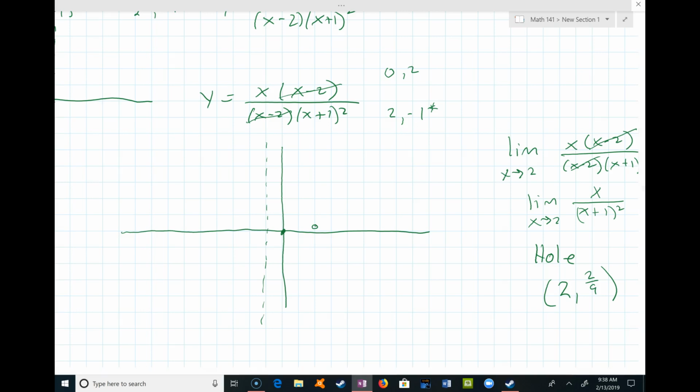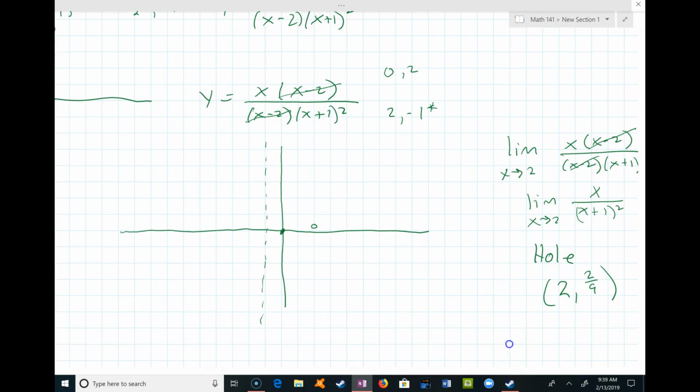So when I'm talking about end behavior, this is probably the hardest function to deal with end behavior on, because a lot of the end behavior we've done so far, you guys know how the polynomials work. We've talked about that. We need to figure out what it is doing as x gets bigger and bigger positive, and as x gets bigger and bigger negative.